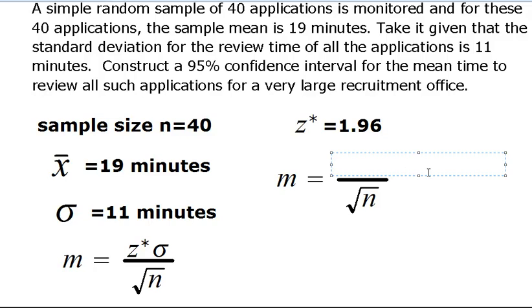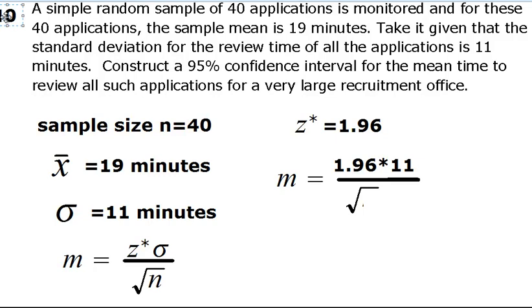that is 1.96 times the population standard deviation, which is 11, divided by the square root of n, where n equals 40.